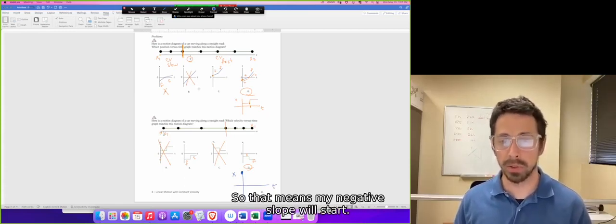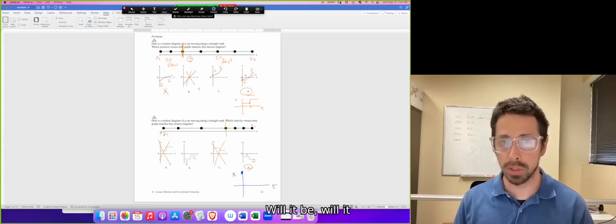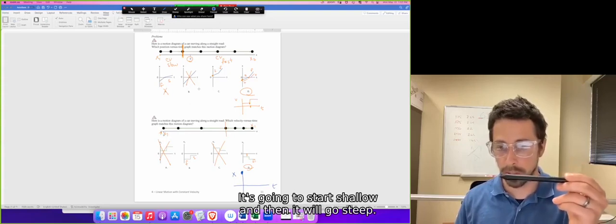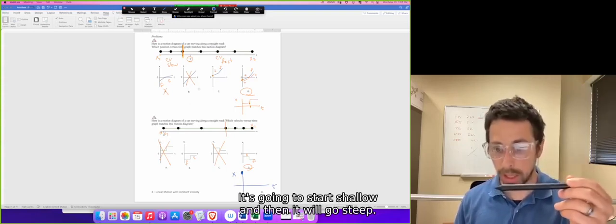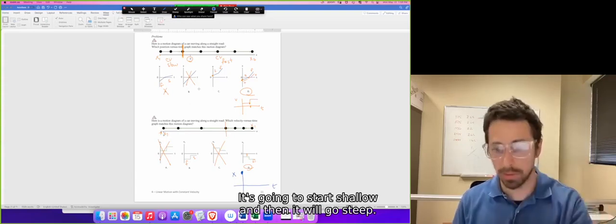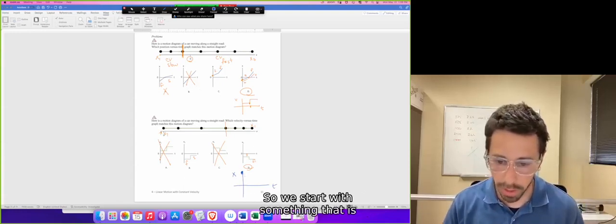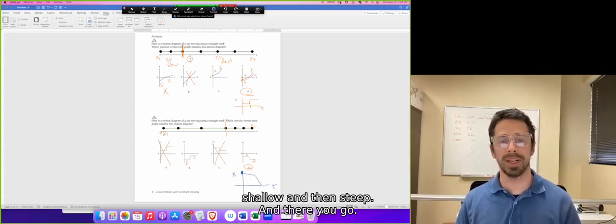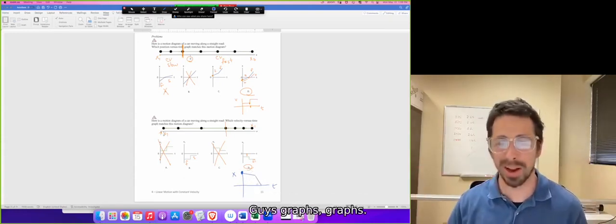So that means my negative slope will start, will it be steep or will it be shallow? It's going to start shallow, and then it will go steep. So we start with something that is shallow, and then steep. And there you go. Huzzah, guys, graphs.